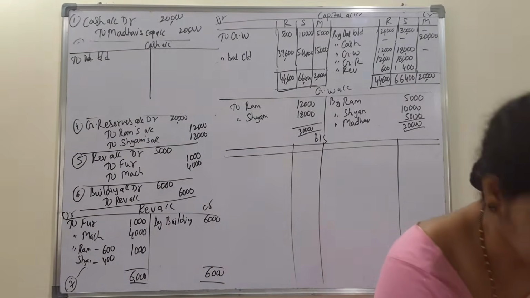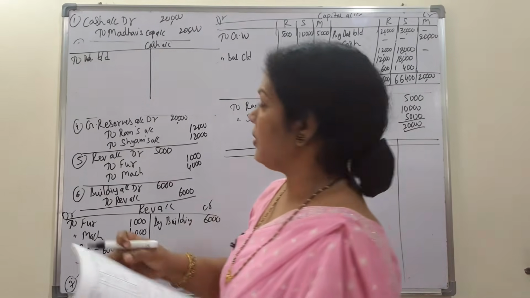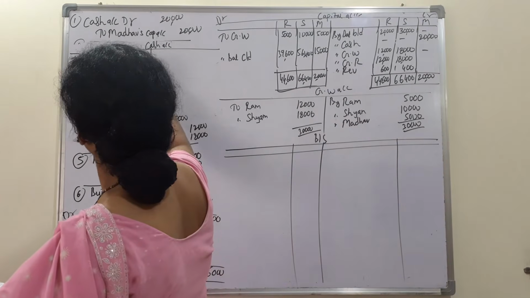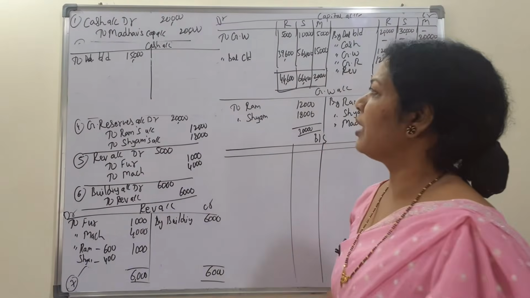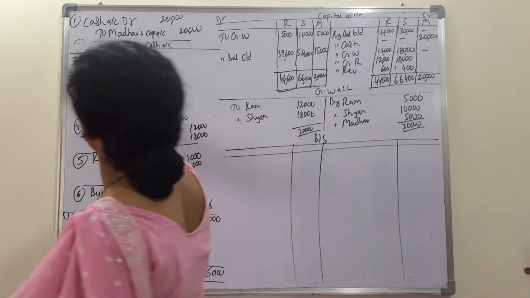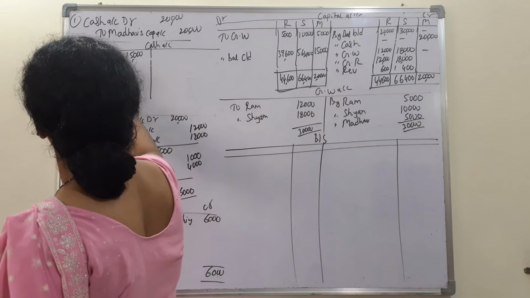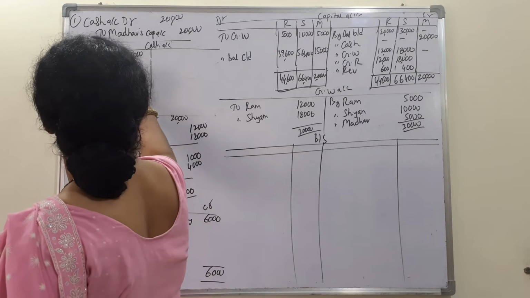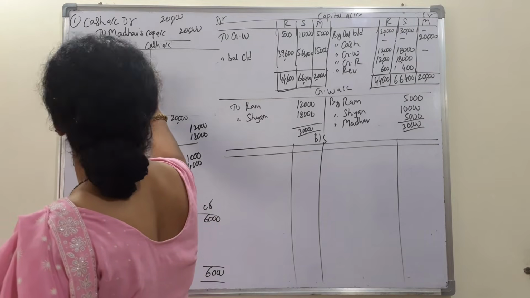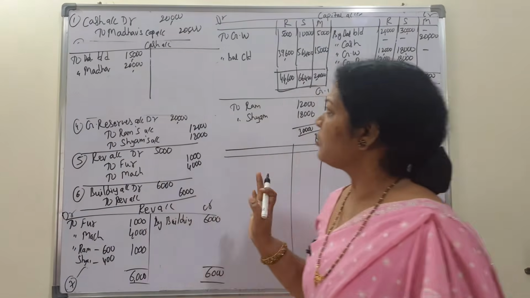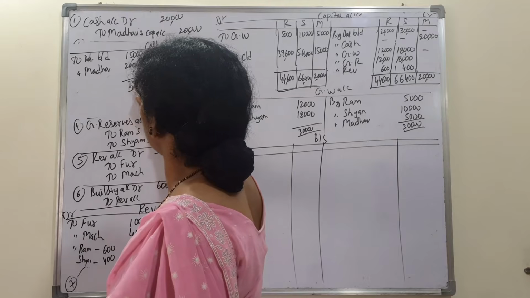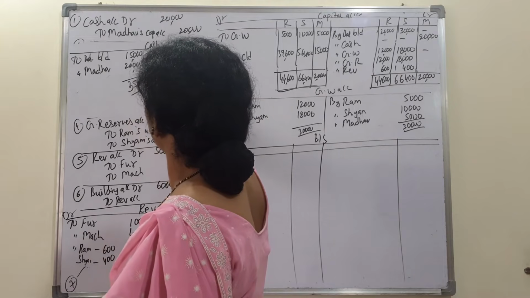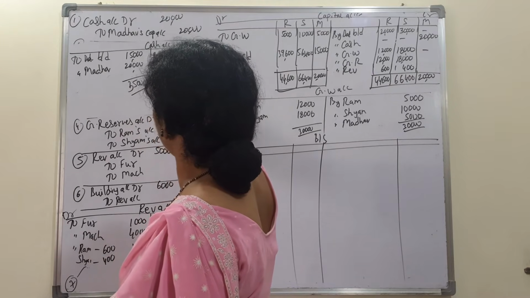How much is the cash given already? It is 15,000. Cash or bank, both we are assuming it same. Next, Madhav's capital. Here is the cash to Madhav. So it means cash is 35,000 by balance carried down.